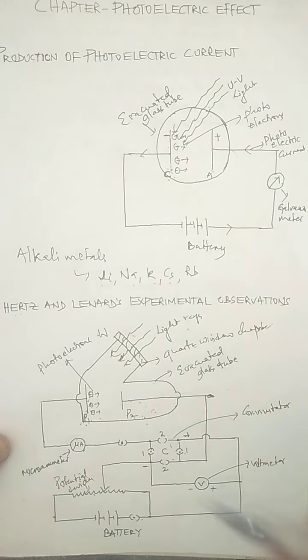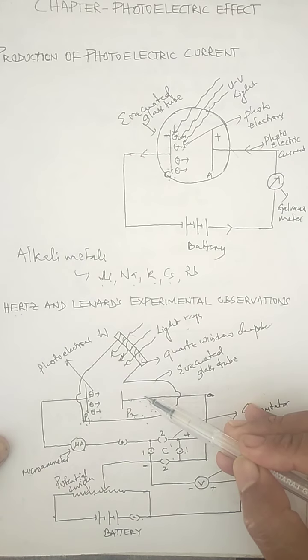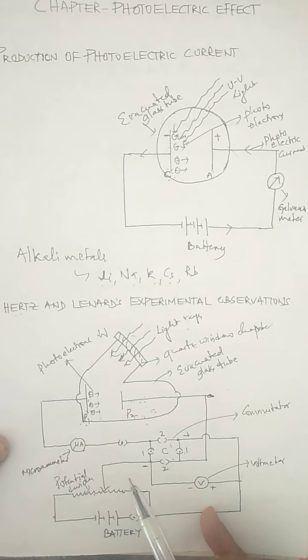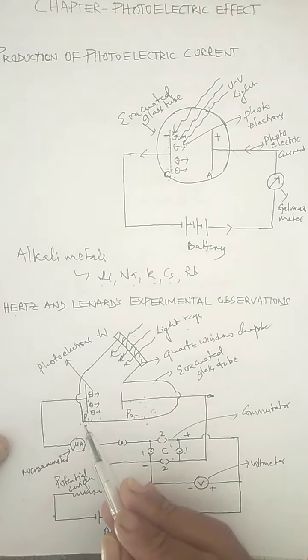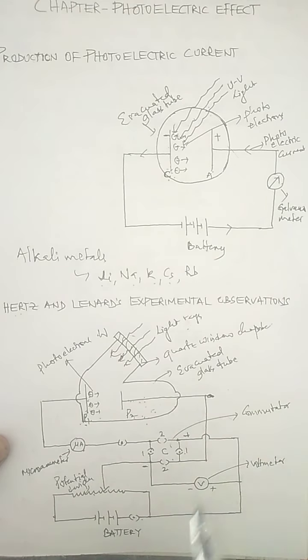Now at the same time, what was even observed is that on increasing this positive potential of the plate P2, there is no increase in the photoelectric current. When this potential increases with respect to P1, the photoelectric current was not increasing at all. It remained constant.